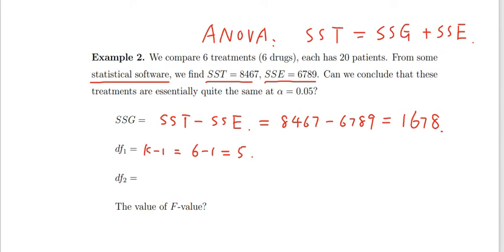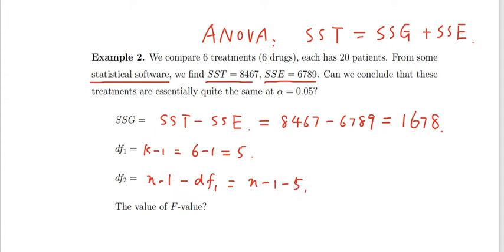What is the degree of freedom for the denominator, df2? It equals the total degree of freedom, n minus 1, minus df1. So this equals n minus 1 minus 5.